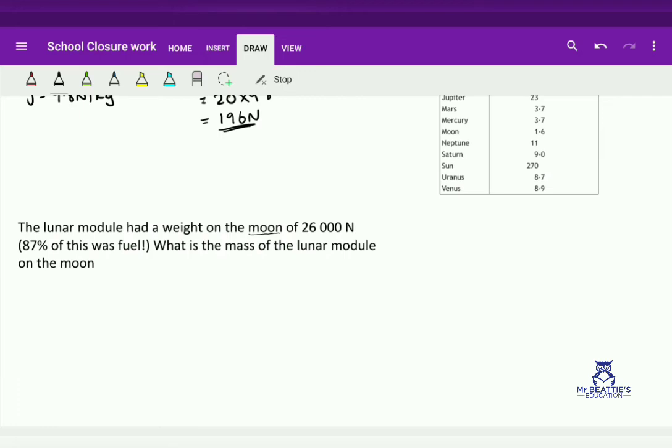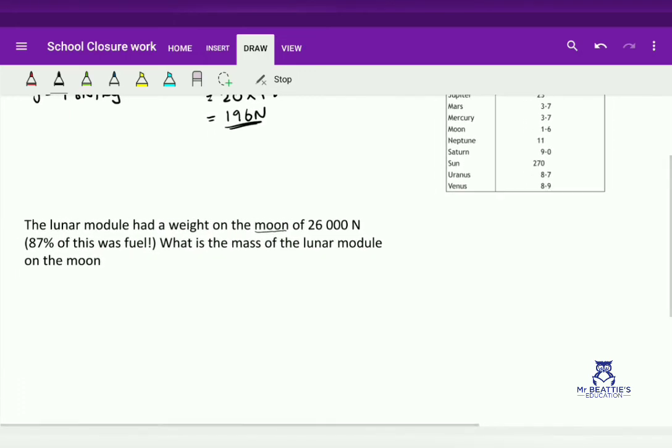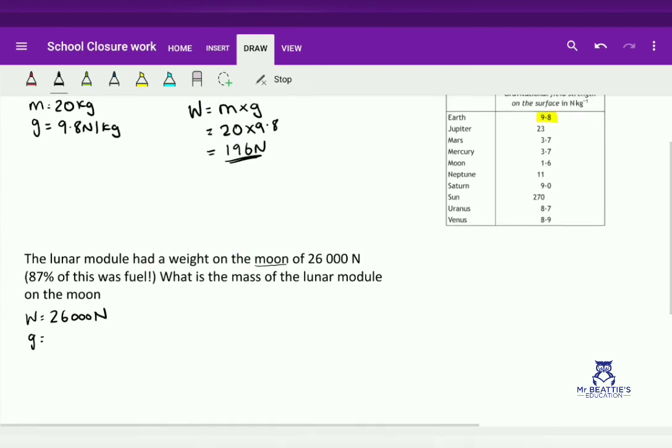Writing down what we know, W is 26,000 newtons, and g, if we go to our list here, g on the moon is 1.6 newtons per kilogram.